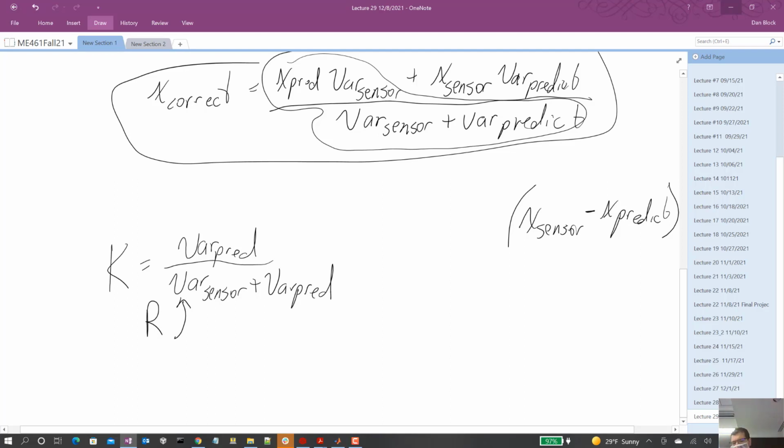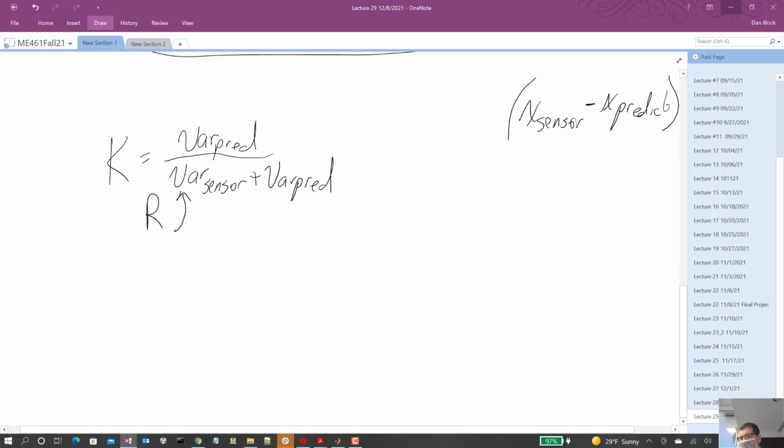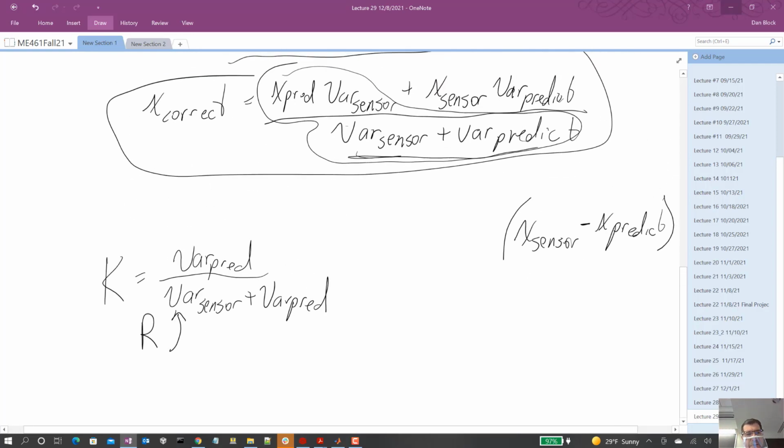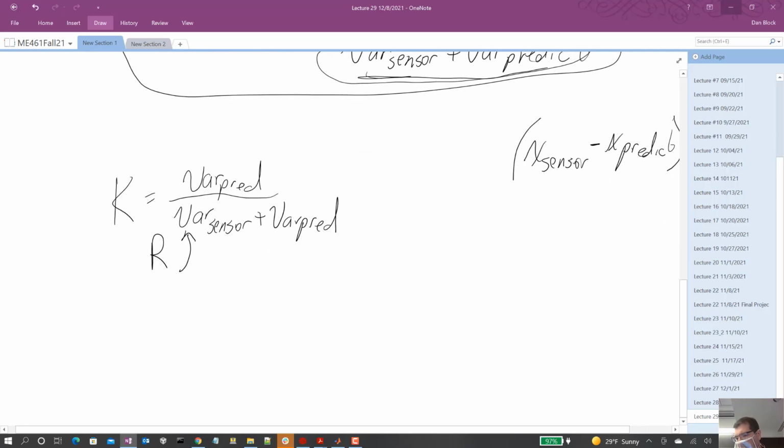Okay, and so, for example, if you're interested in this and want to see how the math goes, see this right here, this variance of the sensor divided by the variance of the sensor plus the variance of prediction. That right there is equal to what? Let's see here. Right here. So variance of the sensor over variance of the sensor plus the variance of the prediction step.